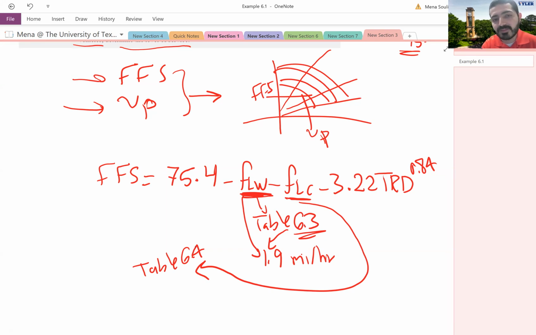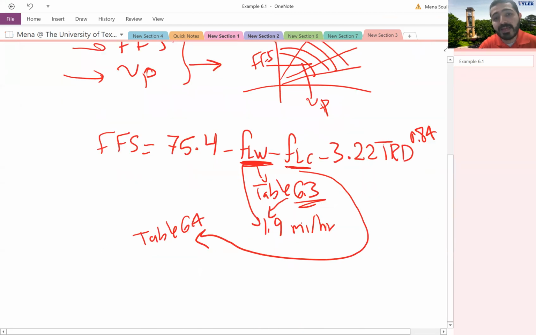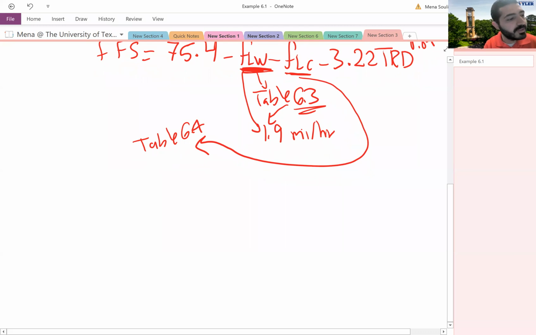it's going to ask you now for the right shoulder lateral clearance, and it was given to us. If you notice here, this is the 2 feet. This is the obstruction from the right side. So we only have 2 feet worth of shoulder.